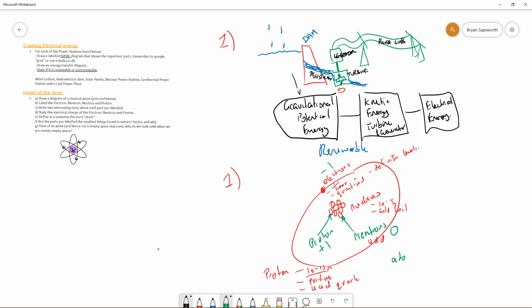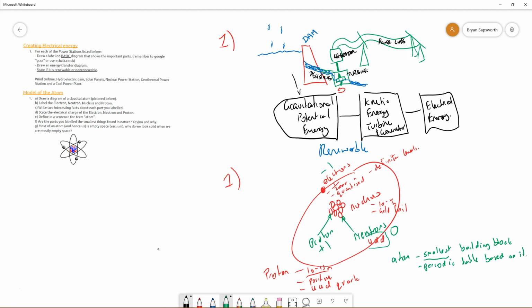Define and explain the term atom. An atom is the smallest building block. The periodic table is based on it. There are smaller particles, but the word atom is based on the idea it's the smallest building block, and we still use it as the small building blocks.